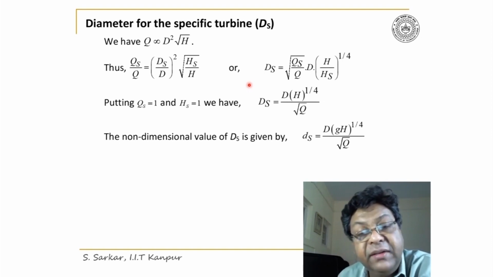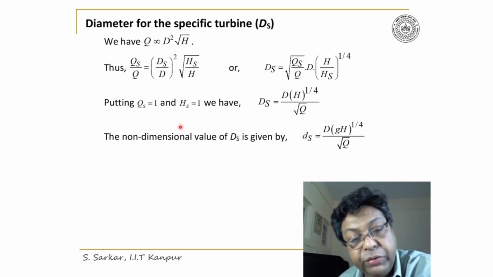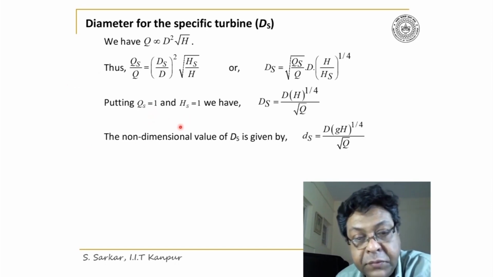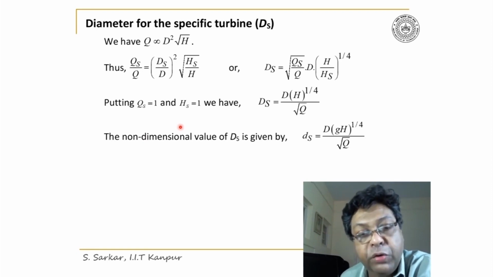By definition, for a specific turbine, Qs and Hs are unity, and hence put the values of Qs and Hs in this expression.